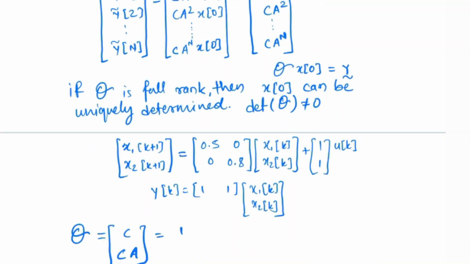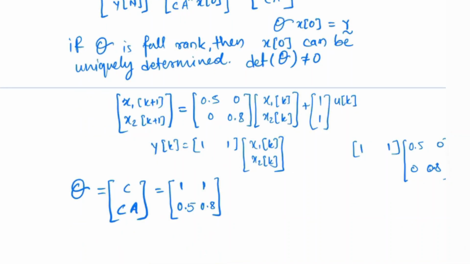So C was what? 1 and 1. And CA, if we were to do it, we get 0.5 and 0.8.